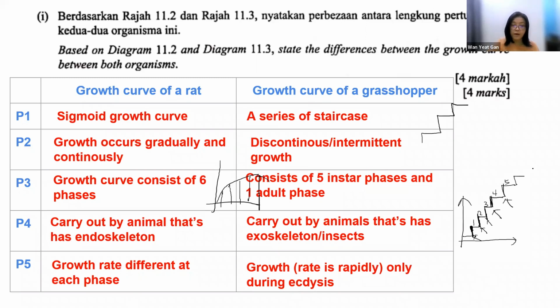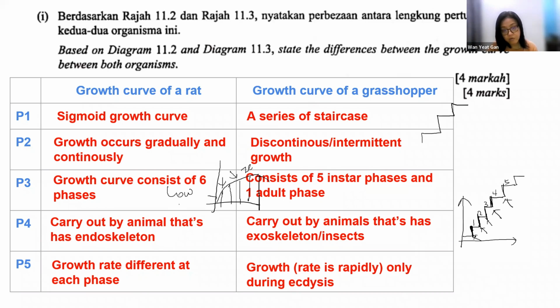Whereas the growth rate at sigmoid differs. So first you have very low growth, then you have higher or exponential kind of growth, very fast, very rapid. Then after that it slows down.